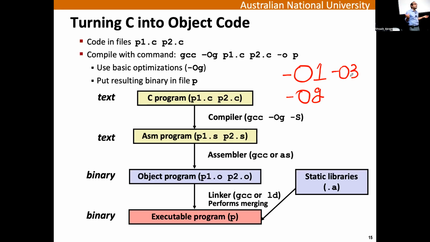And try it. Write a simple C program, fire up a shell, type the command with -O3, and look at the assembly code. I'll tell you how you can do that in a minute.